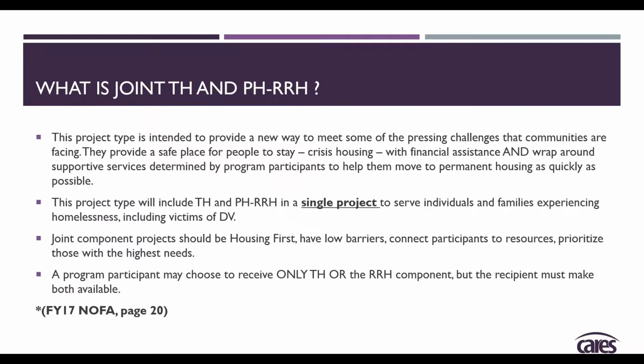The issue is you would need to reallocate your money because you can't just add a rapid rehousing component to it. So you can't apply for reallocated money or bonus money for a rapid rehousing program and then next year ask HUD to combine your current transitional housing and your new rapid rehousing program if you were awarded.